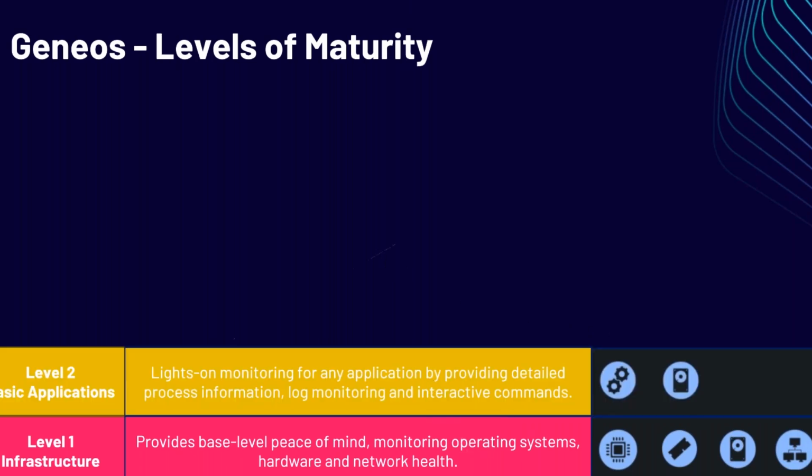These are the business applications. Once again, building upon level 1, where we have all the basic health checks in place, we are now able to position ourselves to monitor certain processes and logs.